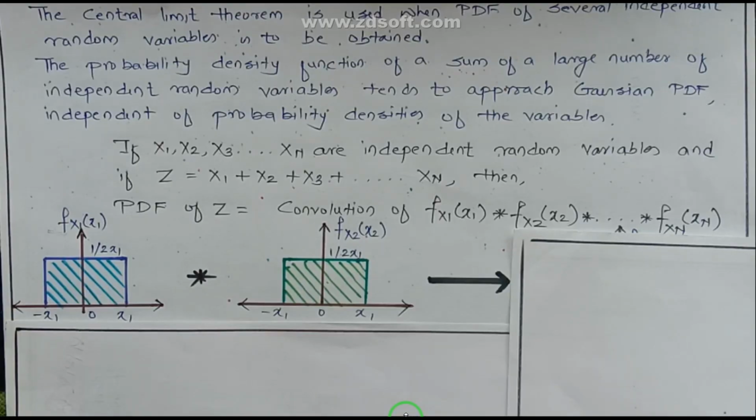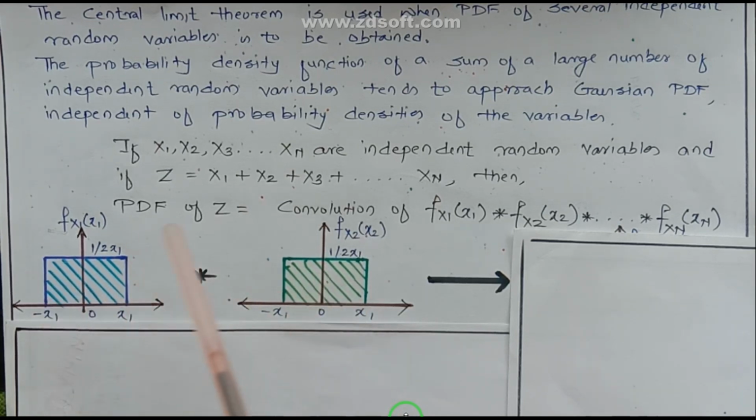So let us assume that x1 and x2 are two random variables, and they have a uniform PDF as shown in this figure, that x1 has a PDF and x2 has a PDF. Then what would be z? If two random variables are there, then z is equal to x1 plus x2.